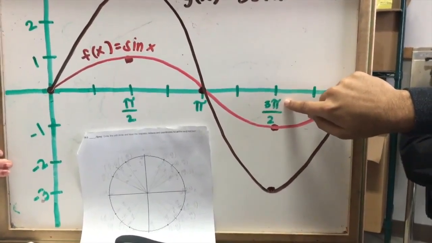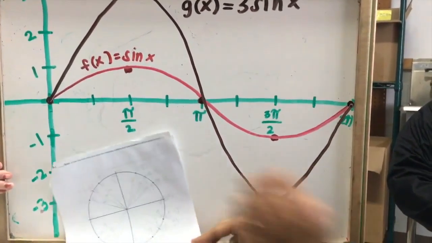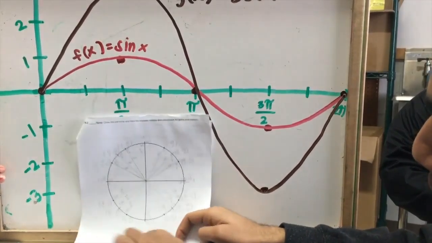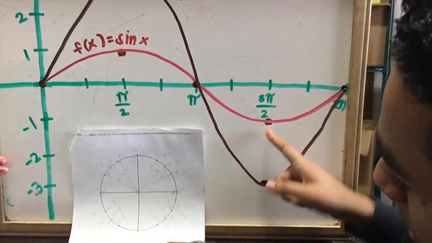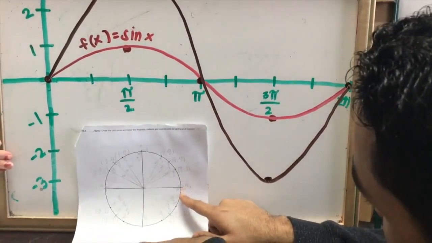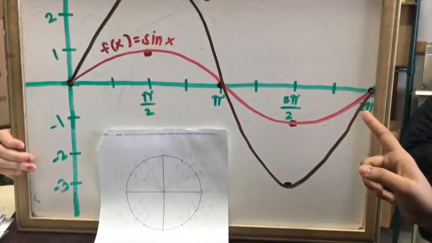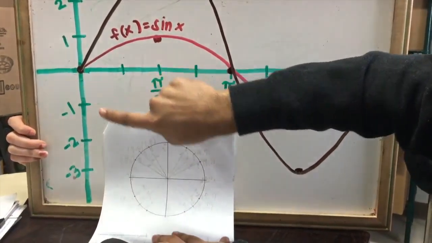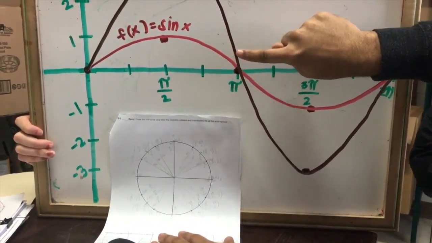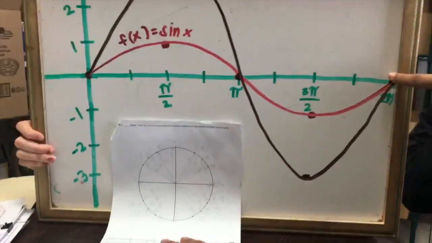And then you have 3 pi over 2, so the last digit is -1. Sorry, Sue. And that's here. So you graph out -1. And then you have 2 pi, and the last digit is 0, so you graph out 0. And then you make a line from there to there to there to here.